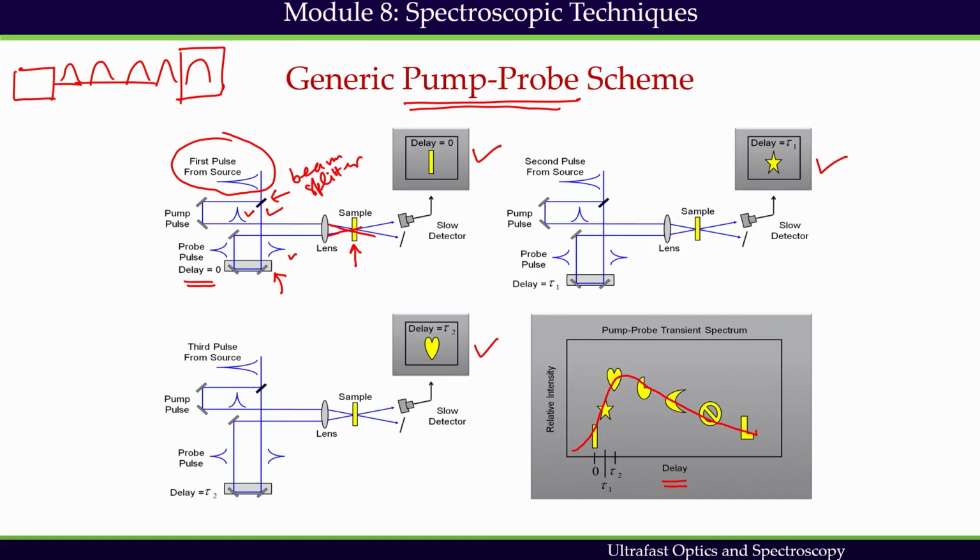In the pump probe scheme, an ultrafast pulse is used to excite the system, and the second pulse, which arrives at a variable time delay, is used to probe or interrogate the system to find out how far the system has remembered the excitation by the first pump pulse.